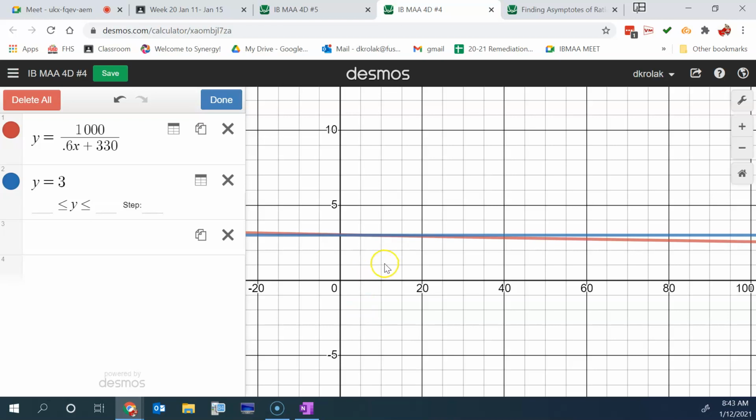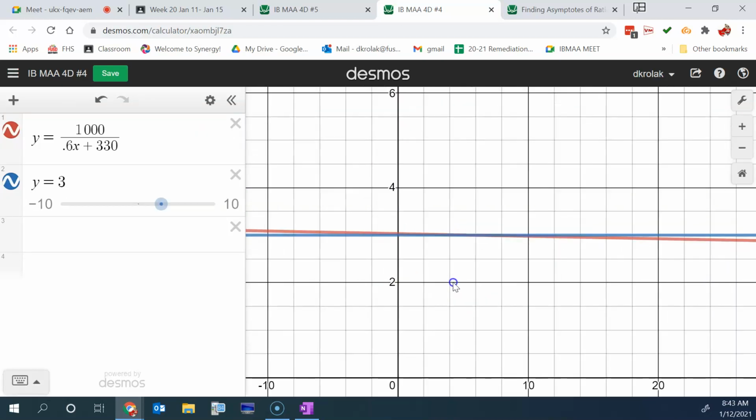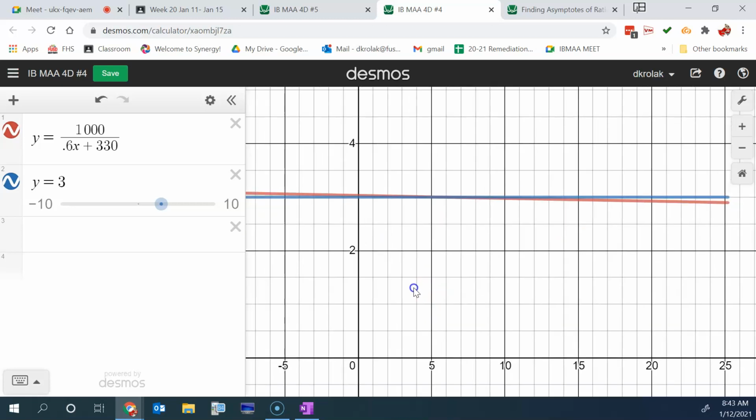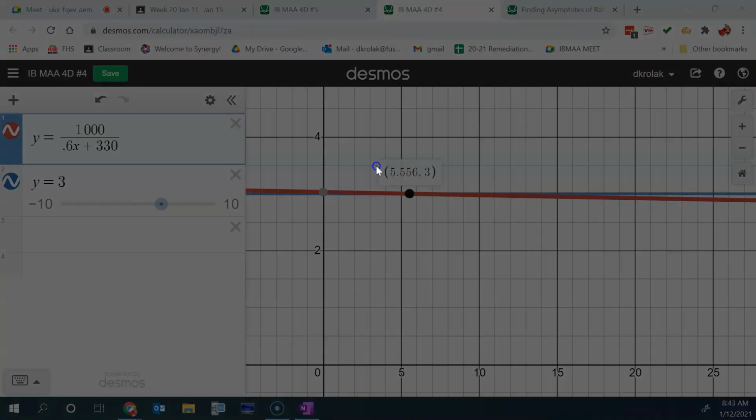Now, I can't even tell where they cross. So I'm going to try to zoom in here. I still have a hard time telling where they cross. But if I click on where it's close that they cross, Desmos finds it for me. So that's the point where those two cross each other.